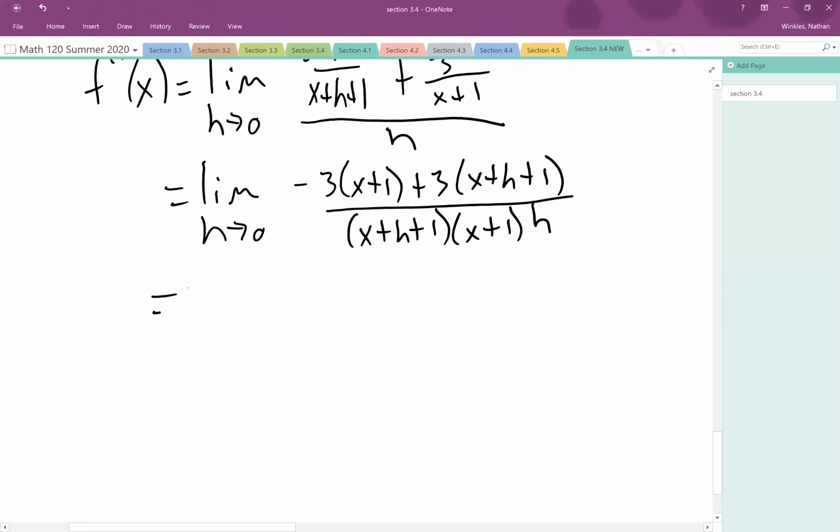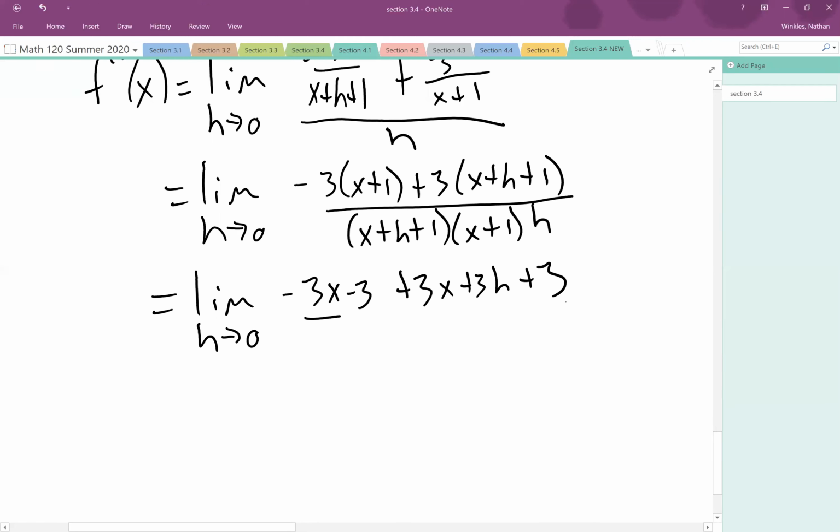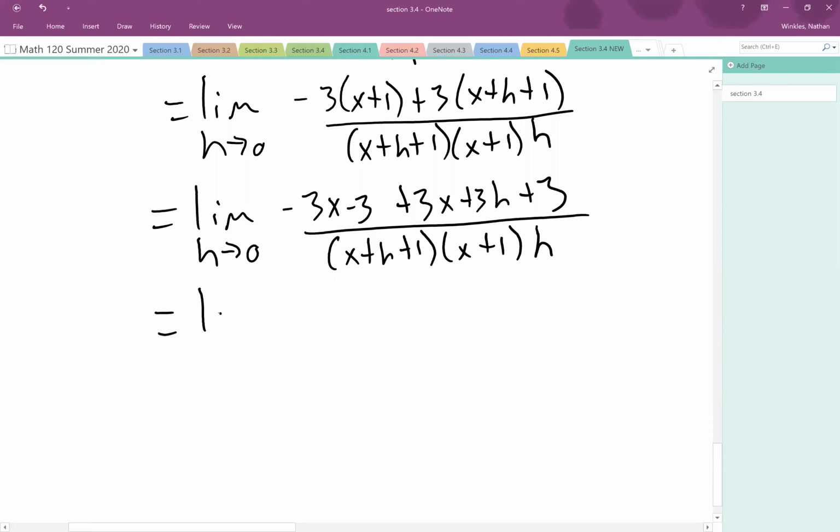So simplifying this, we get the limit as h goes to 0 of minus 3x minus 3 plus 3x plus 3h plus 3, all over x plus h plus 1 times x plus 1 times h. Simplifying this, the minus 3x plus 3x cancels, and the plus 3 minus 3 cancels.